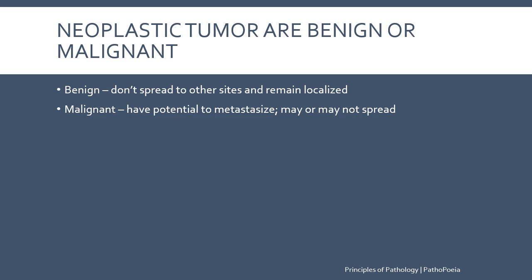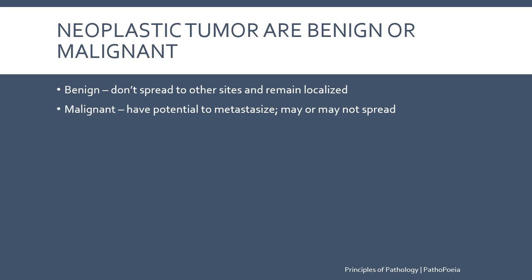neoplastic tumors can be either benign or malignant. Now benign tumors don't metastasize, or they remain localized to the tissue in which they are present. Benign tumors, generally speaking, are well differentiated.